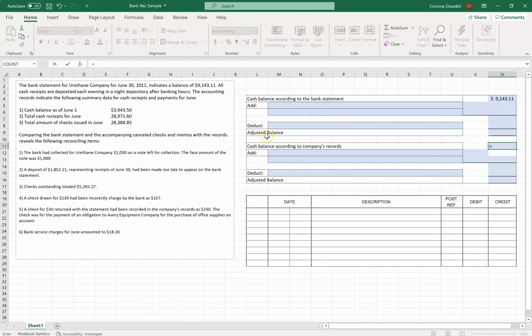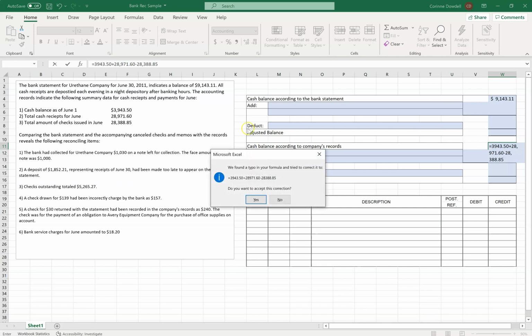Equals, I'm going to type in $3,943.50, a receipt of $28,971.60, and a decrease of $28,388.85. Now, sometimes when you're doing bank recs, it'll just give you that number, but here we have to calculate it out. Oh, I have an error in my formula.